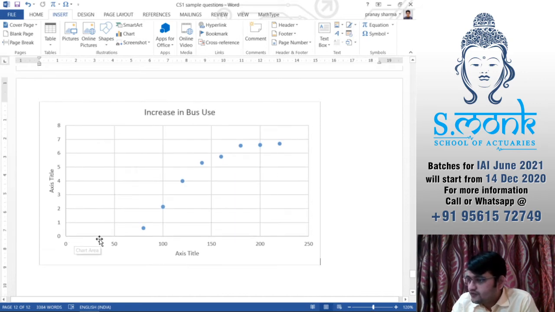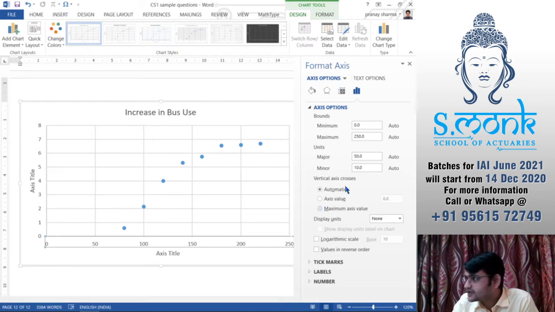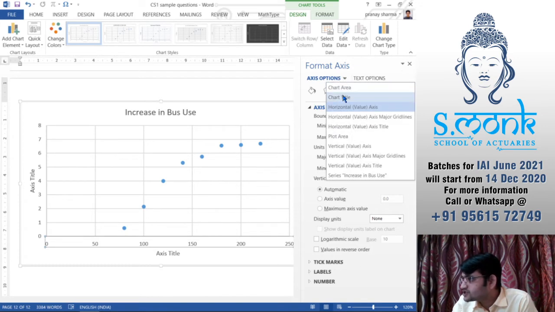And then if you want your limits to be correct, one thing you can do is just double click on the horizontal axis. Then you will get this format axis option. In this format axis you will have different options. Okay, chart area, chart type, horizontal axis values and stuff. We'll go to horizontal value axis.